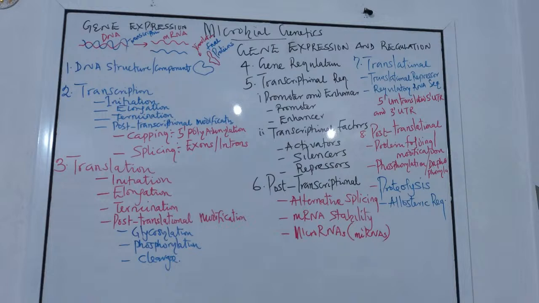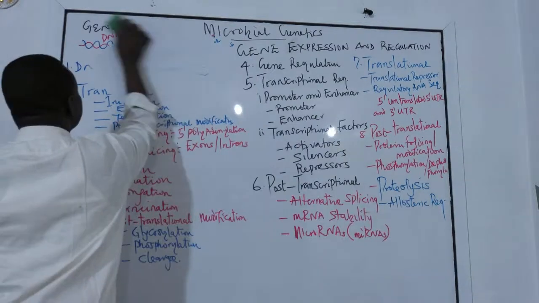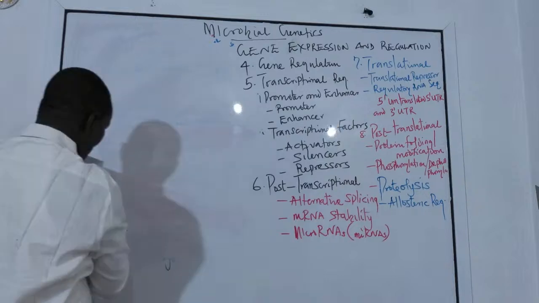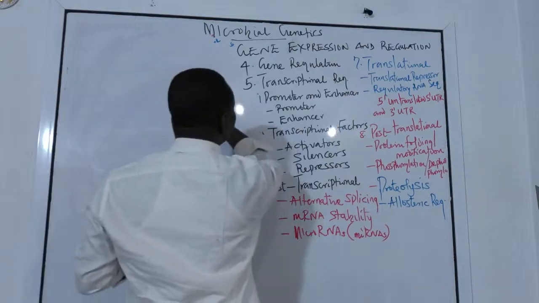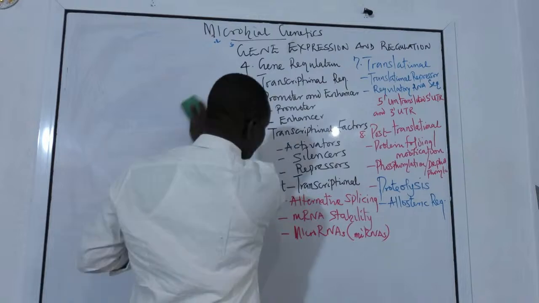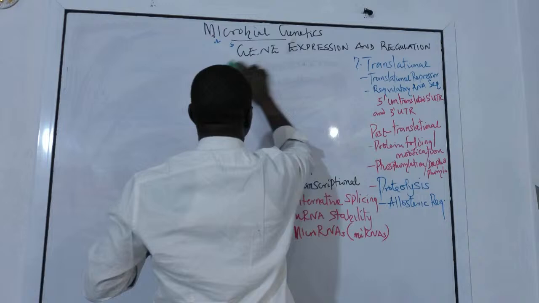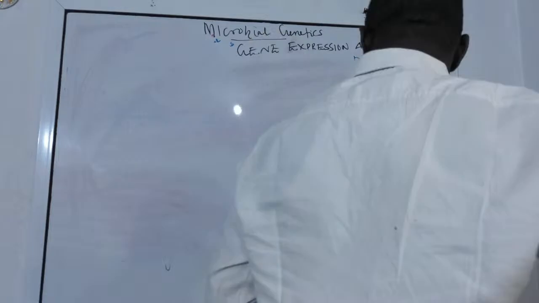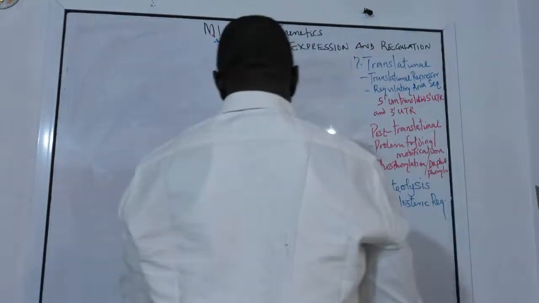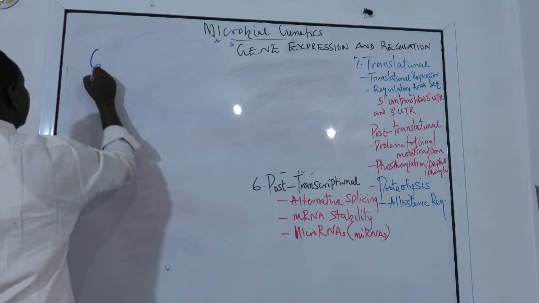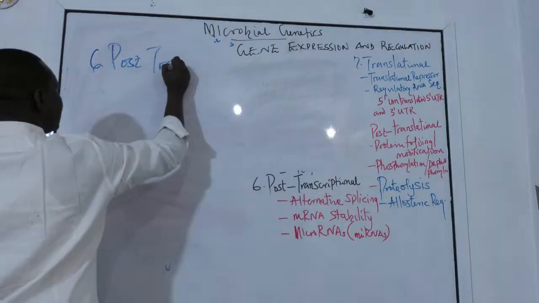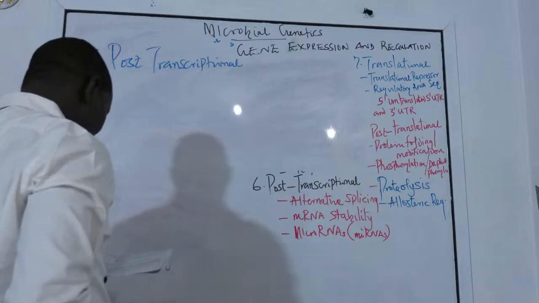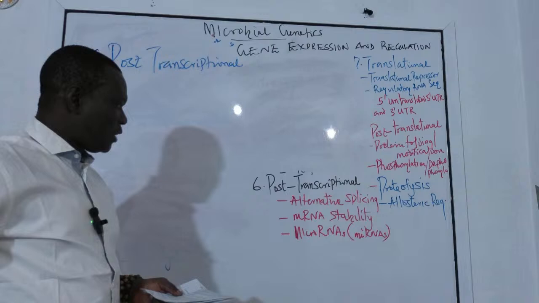So let's now start from the other section. From number 1 to number 6 is what we have actually done before. So we are going to start with number 6, which is post-transcriptional regulation, which includes alternative splicing.